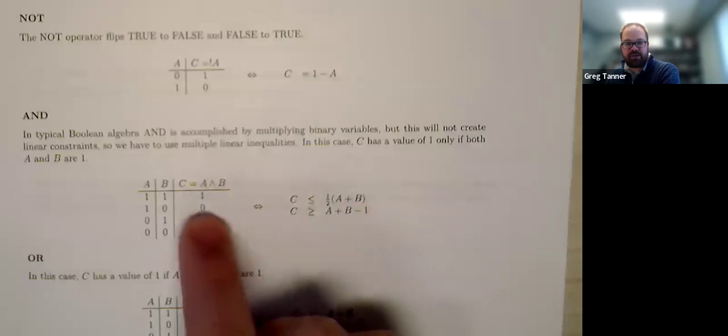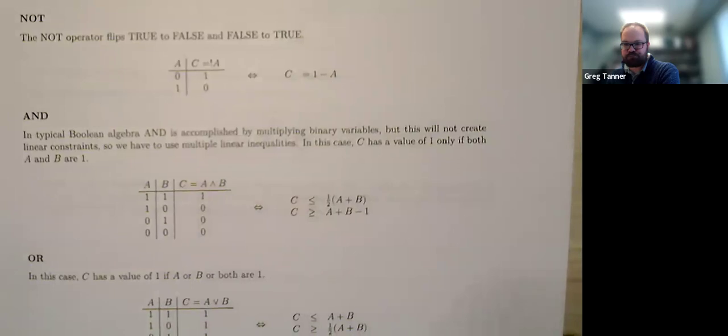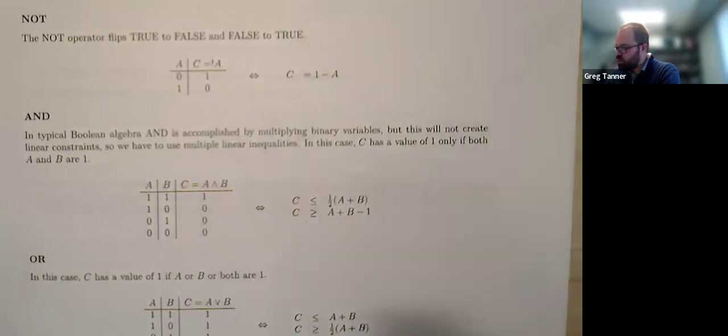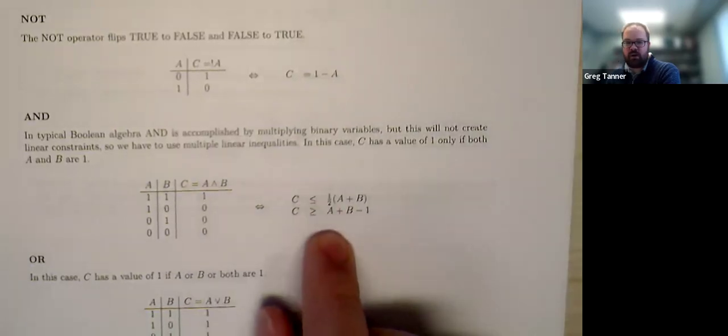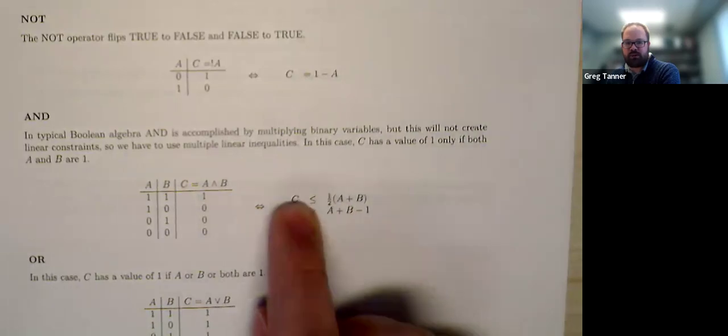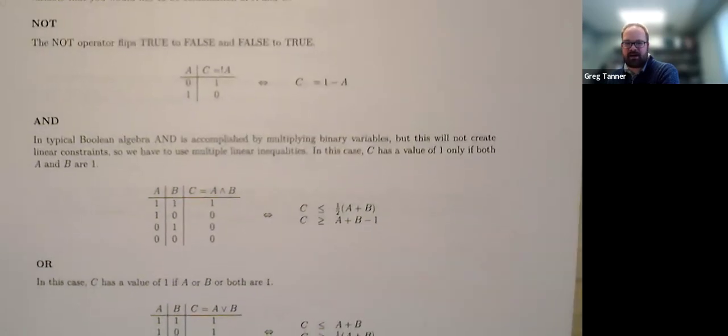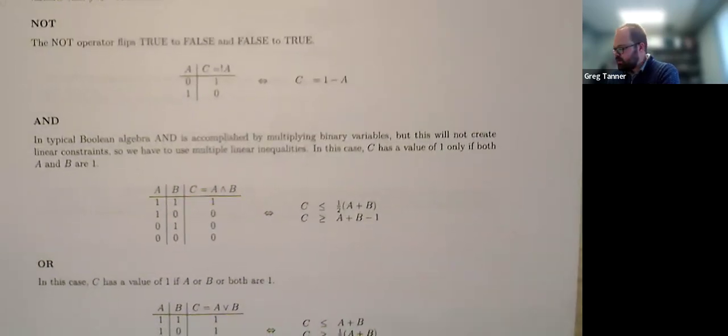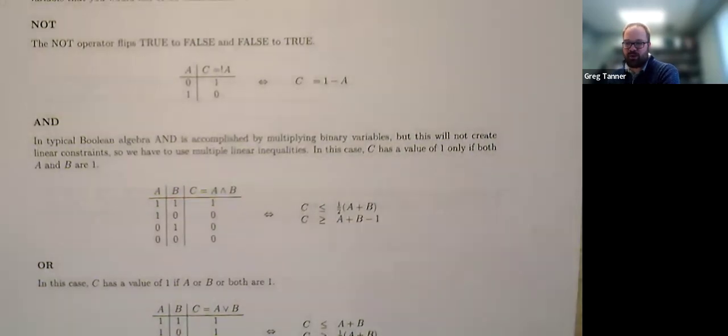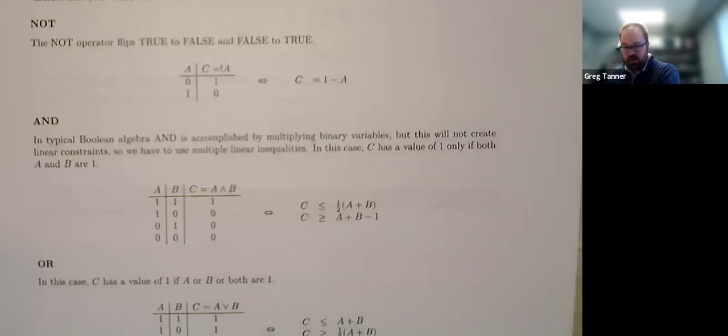This first one pushes it down to be 0 for all of these. Sometimes I'll say you only need one or the other of these because you only really need to push up or push down. And so you can kind of think about that in the context of the problem that you're dealing with. Though I will say, when in doubt, it's not usually worth the extra brain power to decide whether a constraint is needed or not. You can include it and then let the optimization decide whether it's needed or not.